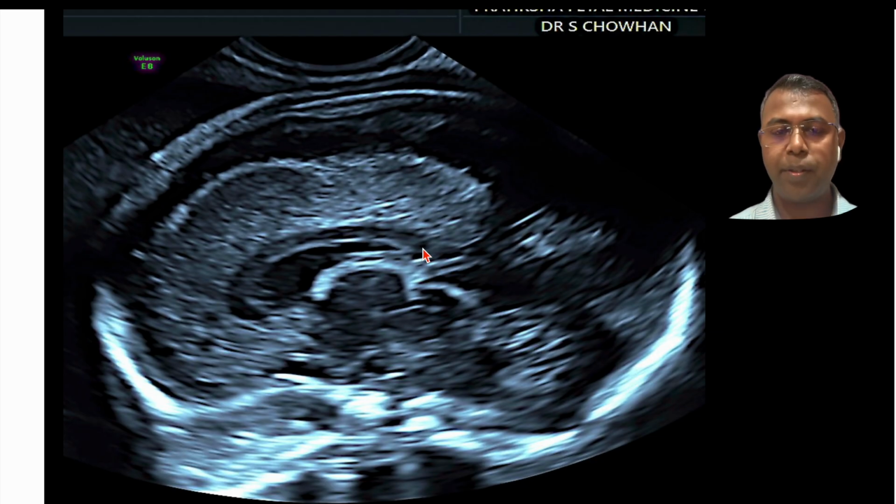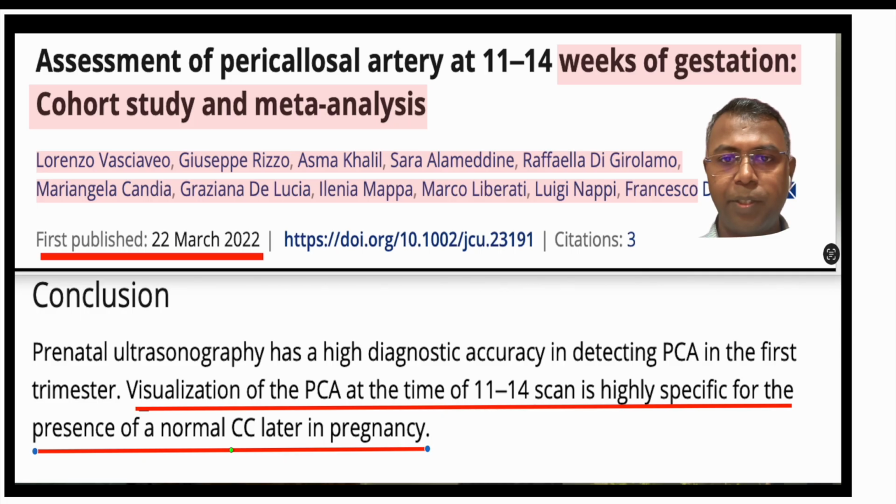We all know that corpus callosum starts forming from 16 weeks and is completed by around 20 weeks, but we can look at the Peri Callosal artery in the first trimester, and we can give a little bit of assurance about the normality of the corpus callosum in the second trimester. This article published in 2022 shows that if we can visualize the Peri Callosal artery at the time of NT scan, it is highly specific for presence of normal CC later in pregnancy.